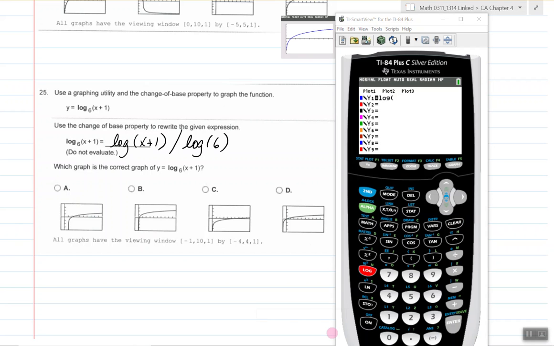So this is the common log of x plus 1, close, divided by the common log of 6, close. And window, let's take a look at the window. They are using negative 1 to 10, so I'll put a negative 1 in there. 10's okay. Go on down, y's, negative 4 to 4. Matching the window, graph.